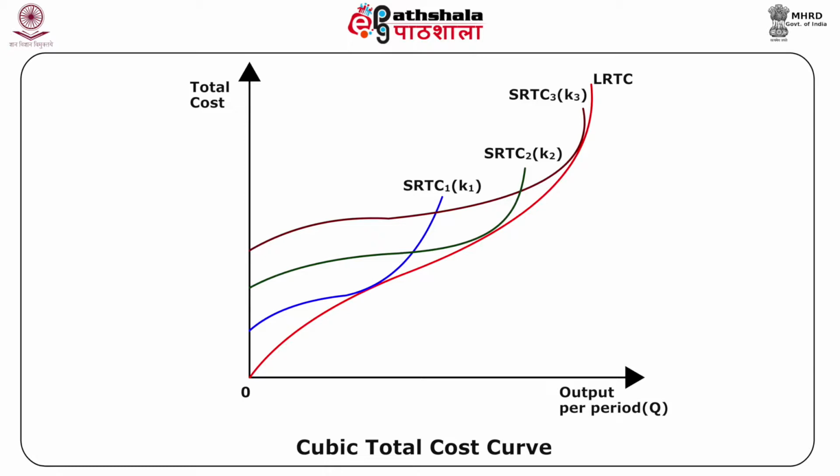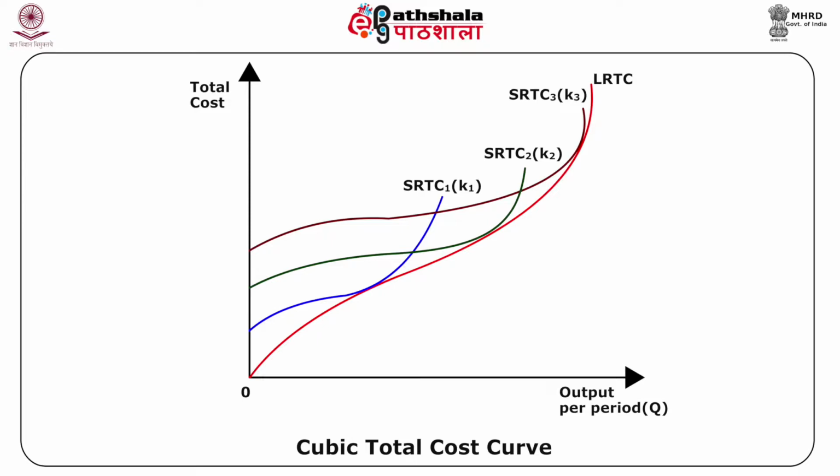Hence, the long run total cost LRTC is always less than or at most equal to short run total cost SRTC, that is, LRTC is less than or equal to SRTC.